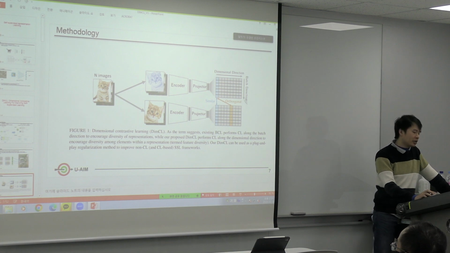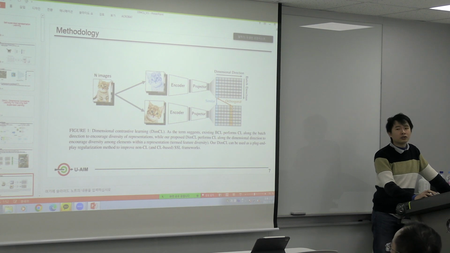This is the batch direction, and this is the dimensional direction. Our purpose is to make each column vector independent of the other column vectors. It means that column vectors of the same index should be similar, and vectors of different indices should be orthogonal to each other.